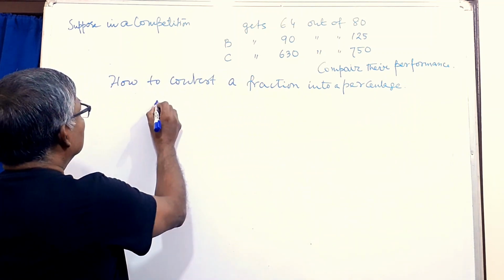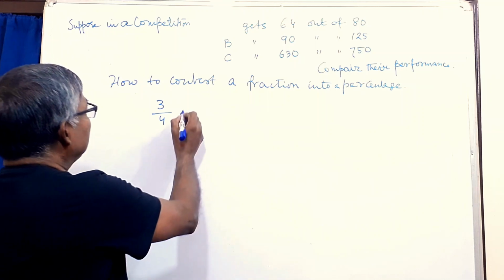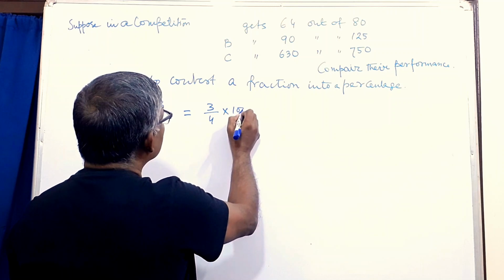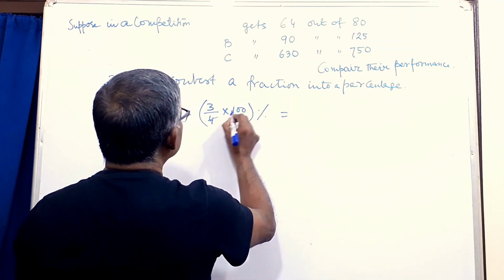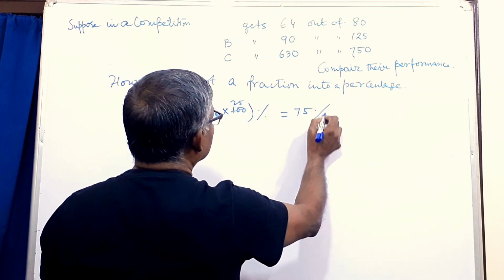Suppose 3 by 4 is a fraction. It can be written as 3 by 4 into 100%, equals 75%.